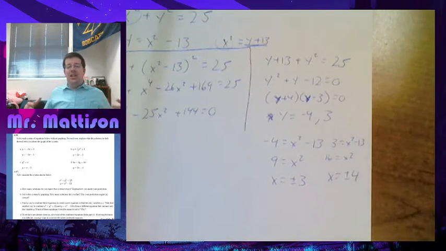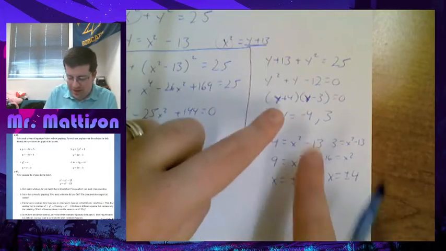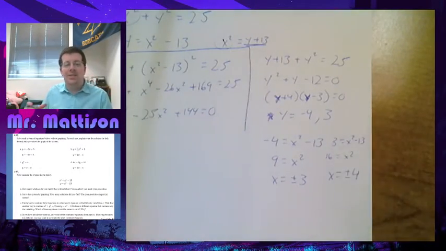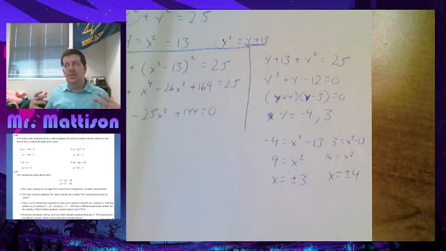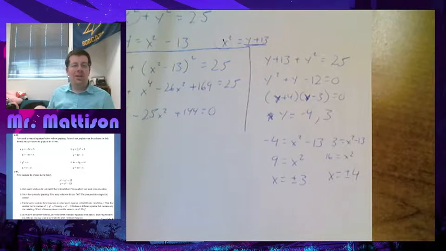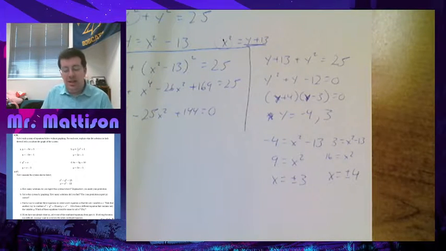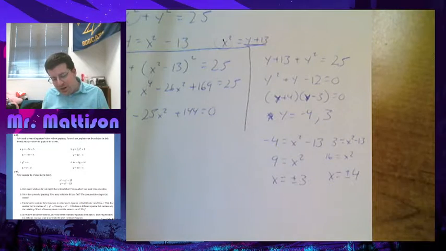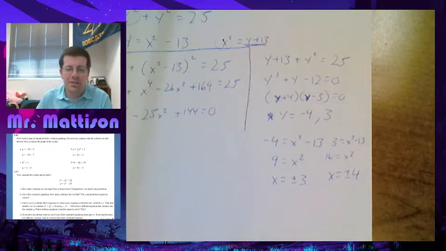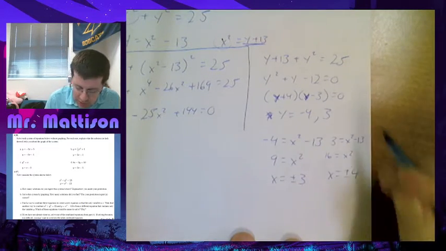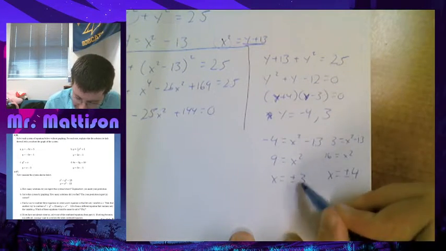Now, I can't just leave my answers as, hey, this and this. I have to have these paired up, because if I'm solving a system and I have more than one answer, I need to have them as ordered pairs. It's good to always have them as ordered pairs, but you have to if you have more than one solution here. So when y is negative 4, x is 3 or negative 3.